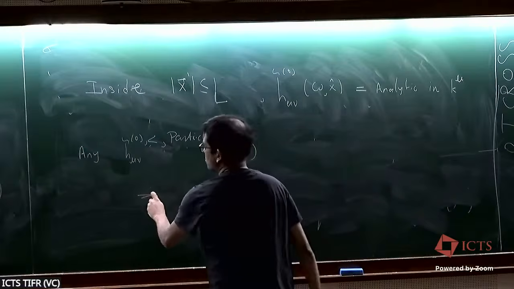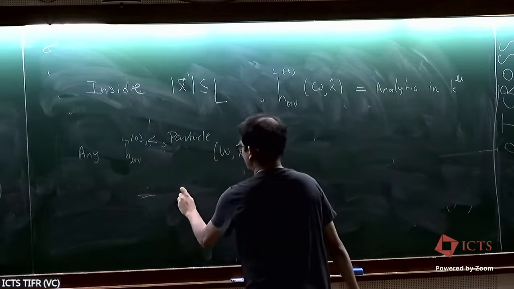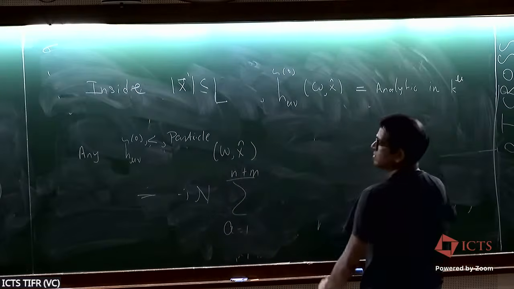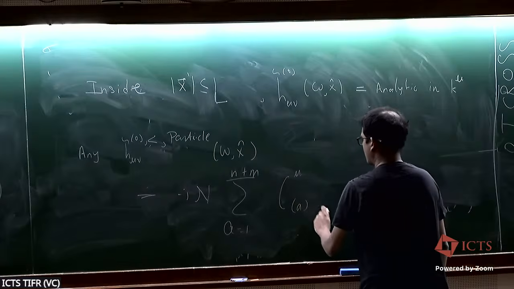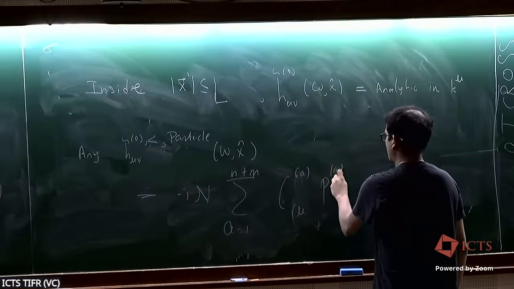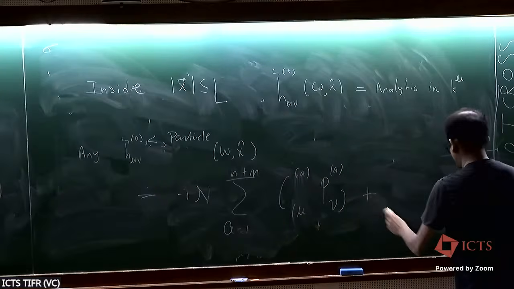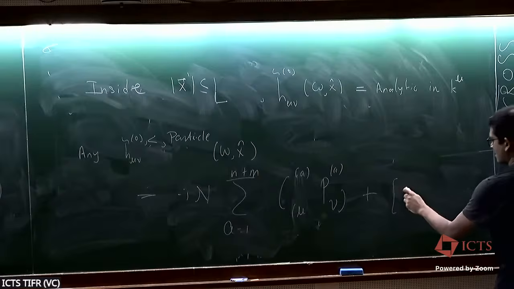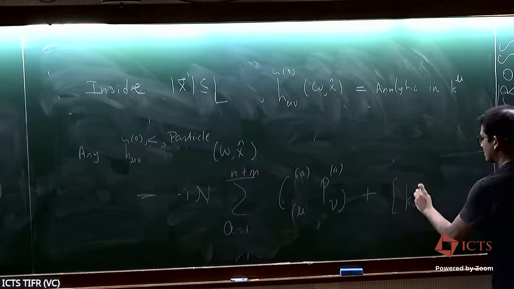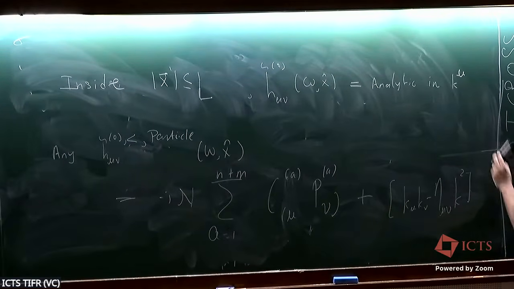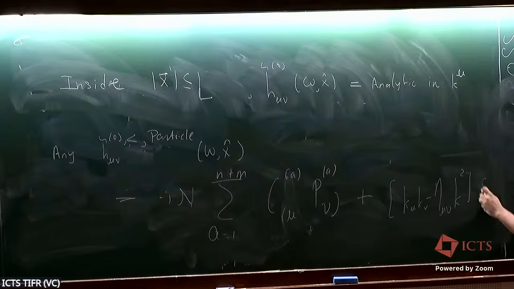So this is equal to minus i n T a mu plus any term which has the form a mu k nu minus eta mu nu a square times some arbitrary function of a and x hat.